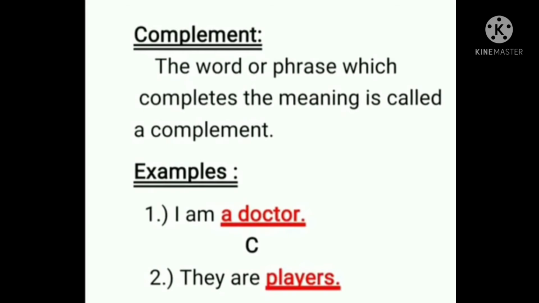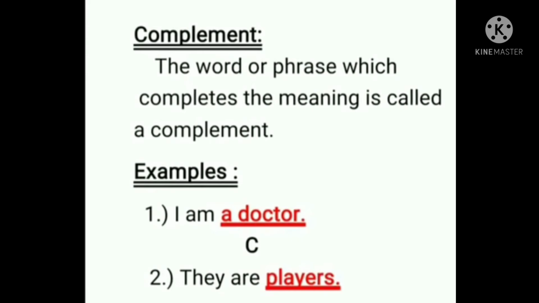The word or a phrase which completes the meaning is called a complement. So a complement is a word which is required to complete the meaning of a sentence. Look at the example. I'm a doctor. So here, a doctor is the complement. But if we remove the words a doctor, the sentence becomes meaningless.